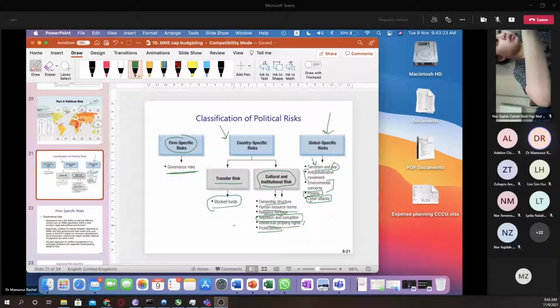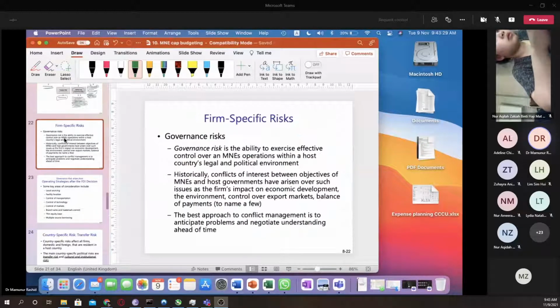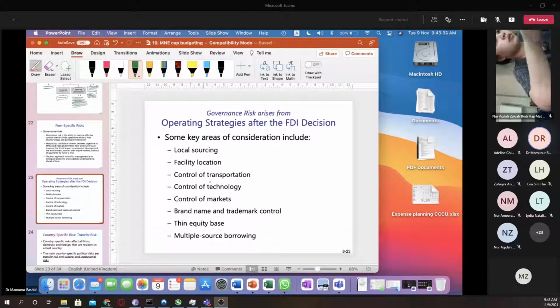You can now categorize and profile your company based on this type of risk. There are explanations given for each of these. What is a governance risk? What can be different types of governance related risk?